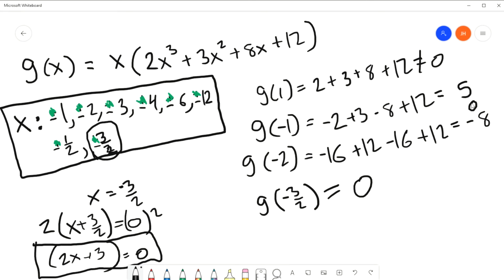It's kind of like Goldilocks out here. And the last thing was if your zero is a fraction, you can leave the factor with a fraction, or you can get rid of the fraction by multiplying by the denominator. So now let's finally look at how I factor this out. How do I factor 2x plus 3 out of this polynomial?